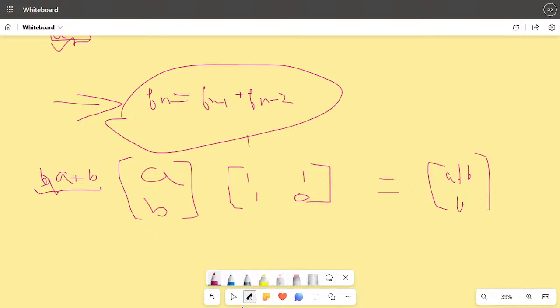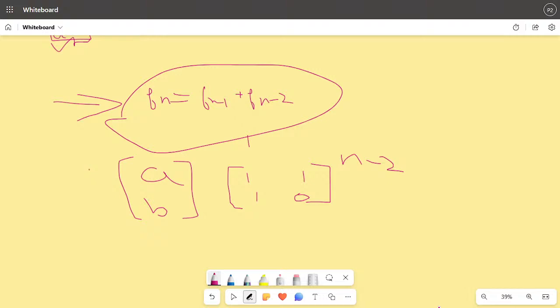Okay, so similarly we can see now the complete process has become obvious, that for getting the next term, we will simply multiply again and simply keep on multiplying. So in essence what we are doing is, to get the nth term we will have to do the power n minus 2, because this is the first term, this is the second term, and after multiplying it once we will get the third term, and so forth.